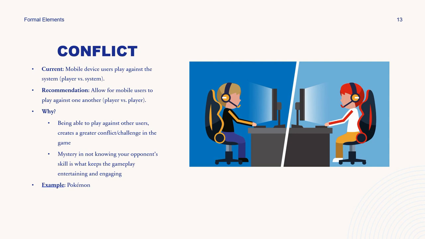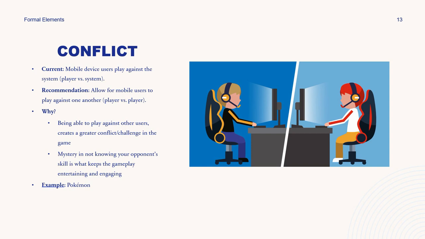But what I would like to see improve in this game is the ability to play against other players. In this current state, for mobile devices specifically, the user can only play against the system. So this is player versus game system. That is the current state. But my recommendation would be to enable mobile players to play against other players, so allowing for player versus player.